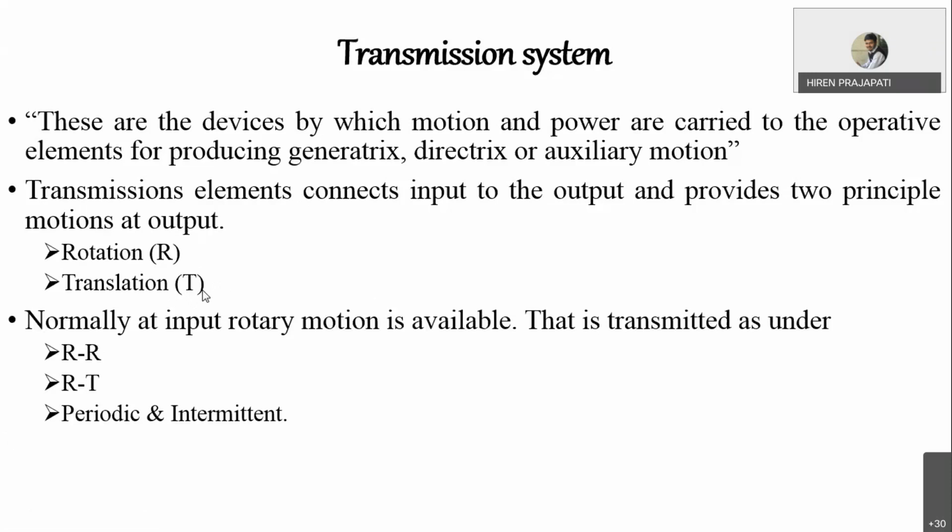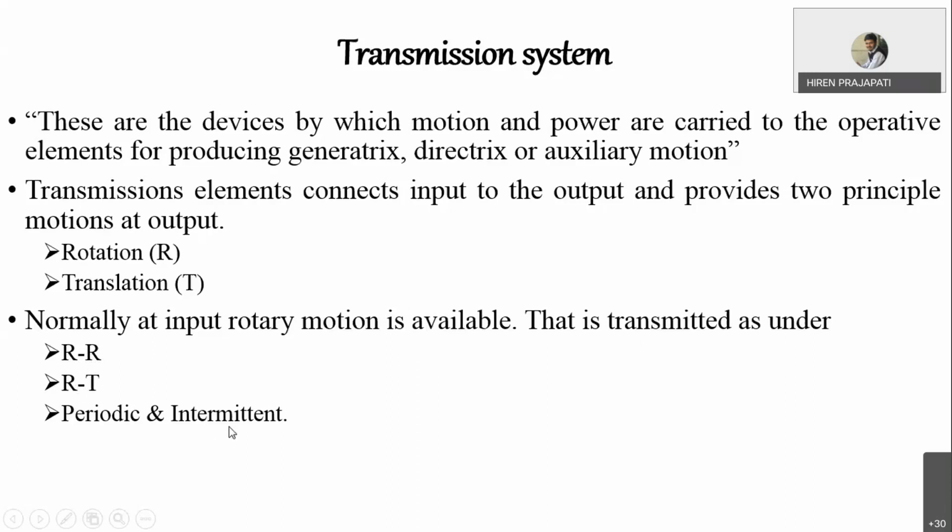Normally at input, as I told you, rotary motion is available because the electric motor is the main prime mover in any machine tool. And as output motion, we want rotary to rotary motion, rotary to translatory motion, and rotary to periodic or intermittent motion.